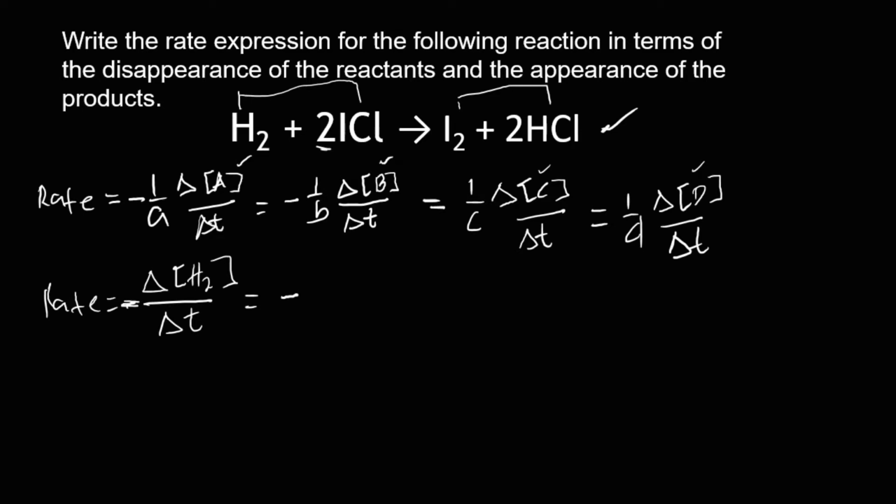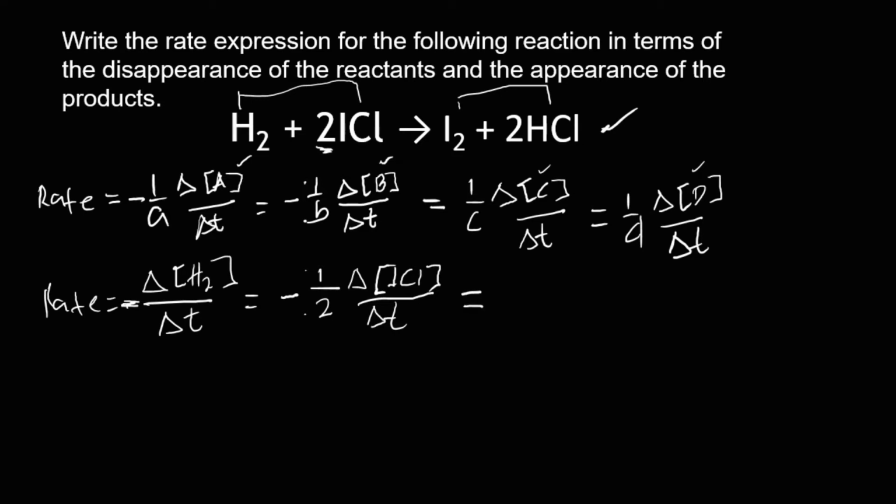The stoichiometric coefficient here is 2, so we write 1 over 2, and then change in ICl over change in time. So that is negative 1/2 change in ICl divided by change in time.